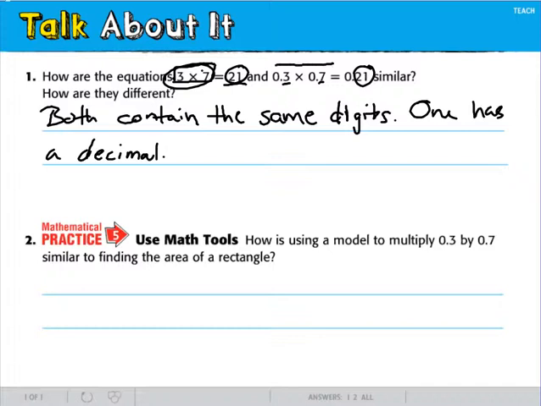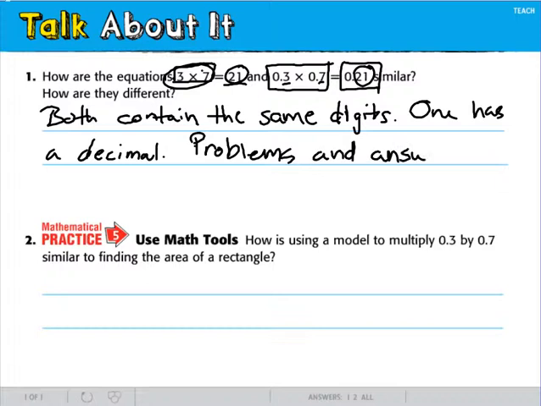How many decimal places are in this problem that I put a square around? 2. How many decimal places are in my answer? 2. So I would say that the problems and answers have the same number of decimal places.